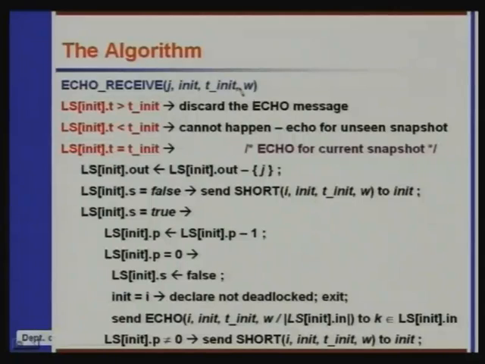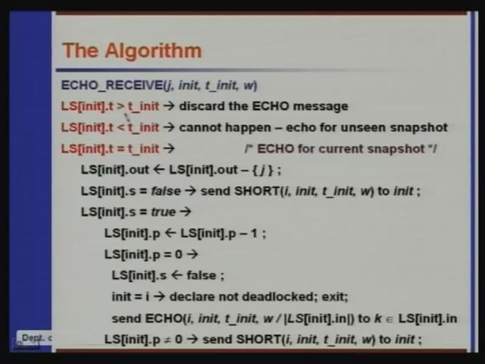What do we do when we get an echo? If this is something which is greater than t init, then this is very strange, because that means that this is an outdated receive message, right.